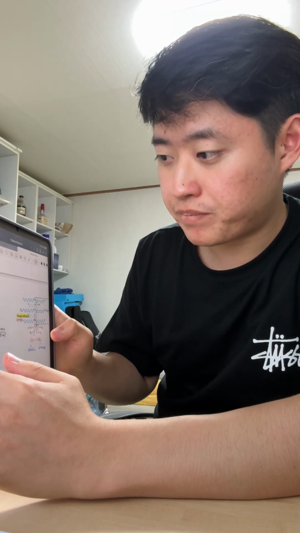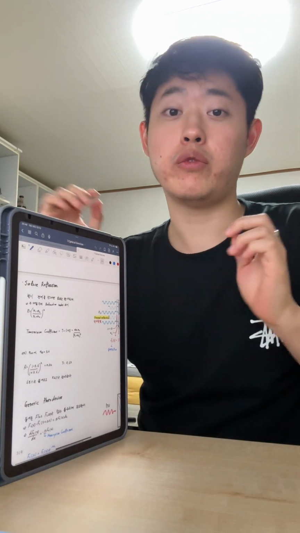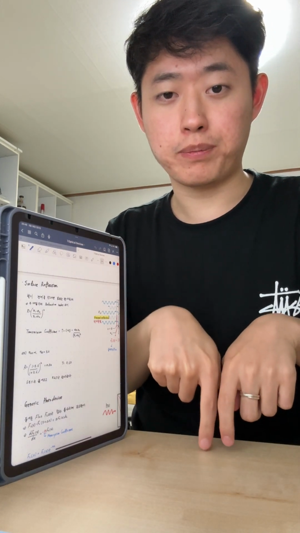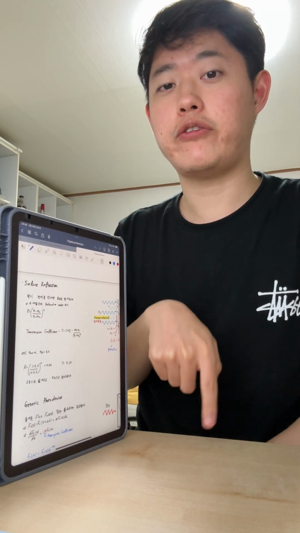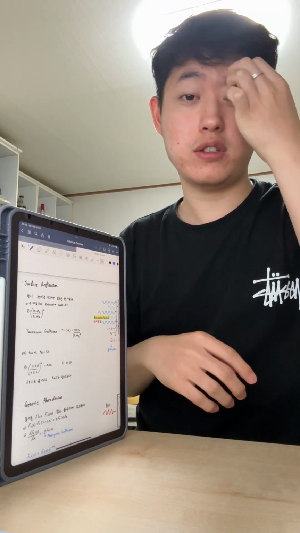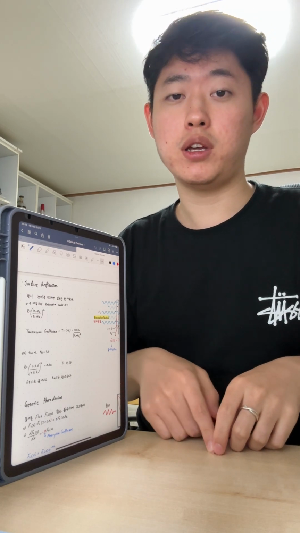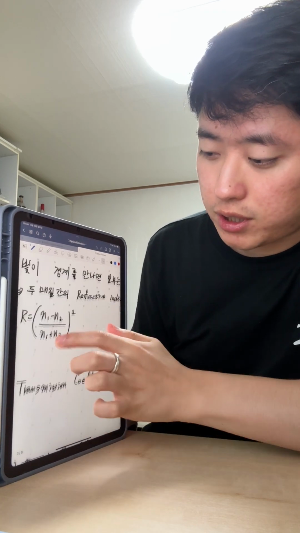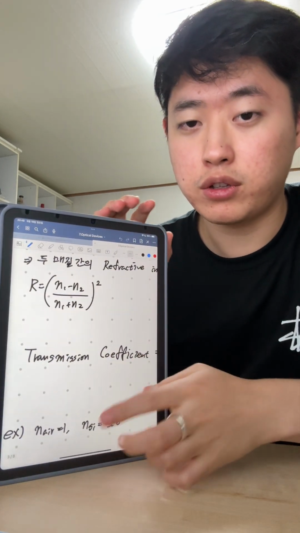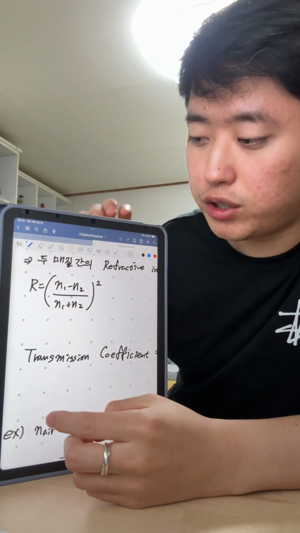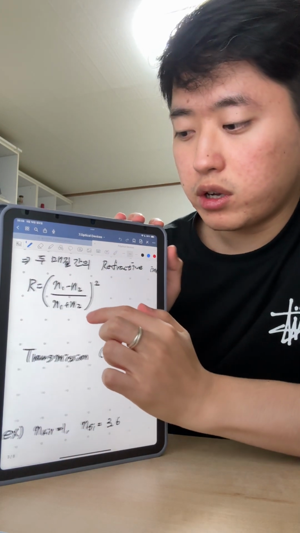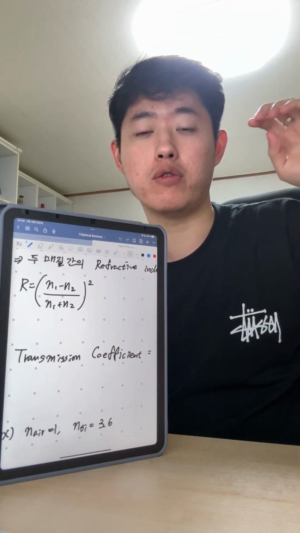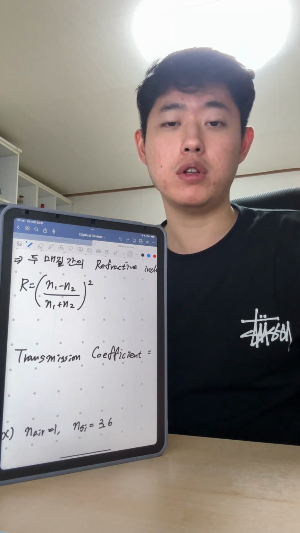When light goes into the device and faces the surface, some of the light will be reflected. So this is the reflection efficiency: R is (n1 minus n2) over (n1 plus n2), squared. n1 is the refractive index of device 1, and n2 is the refractive index of device 2.